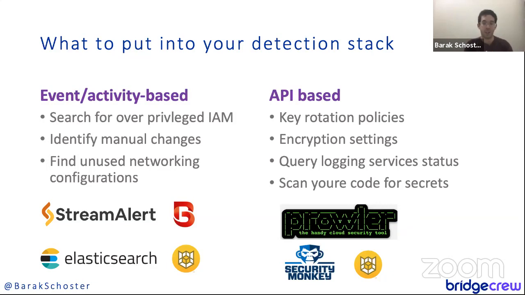Our favorite security projects are actually a clever combination of activity data and API data. Those enable you to create some kind of lightweight CMDB and query it for different risks. And the project that does both is the yellow one called Cloud Custodian, which does event or activity-based detections, and even has some enforcement capabilities, and it also has API polling capabilities.